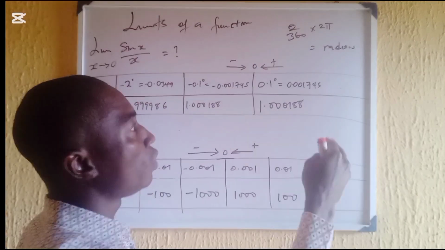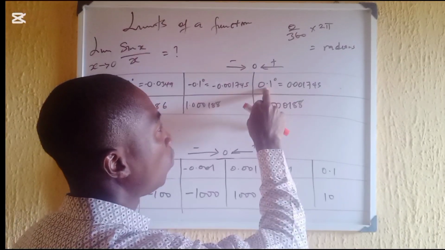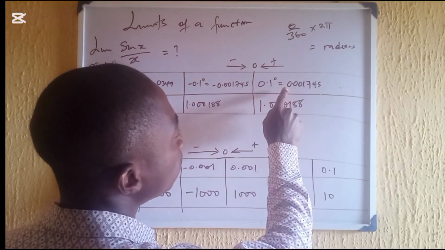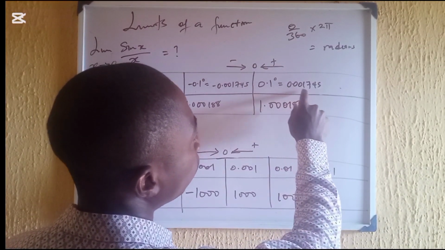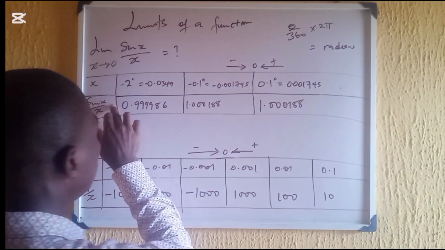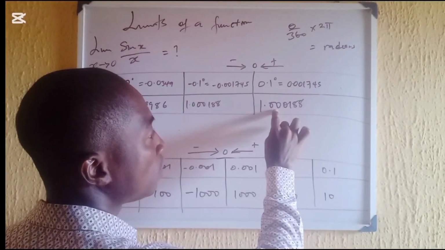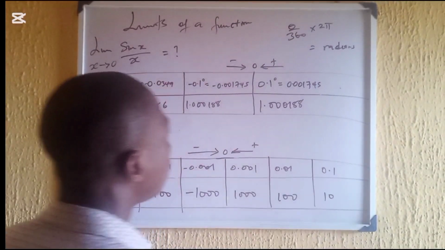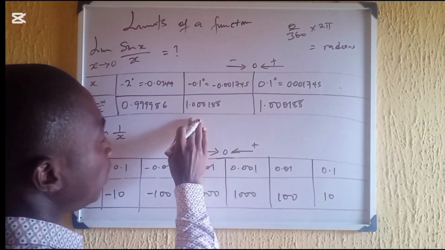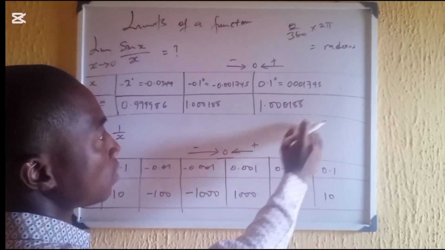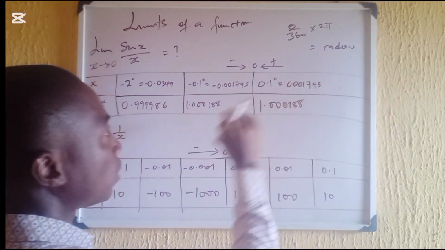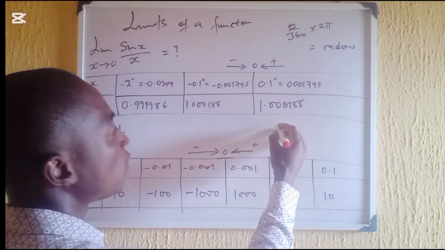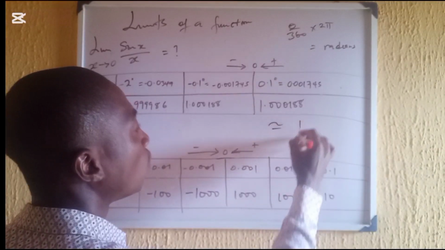Then let's pick a value on the right hand side, that's 0.1. So we are having 0.001745. When punch sin x over x, you'll be having 1.000188. You can see that the left side limit and the right side limit, that's approaching from the right and approaching from the left, is approximately equal to 1.